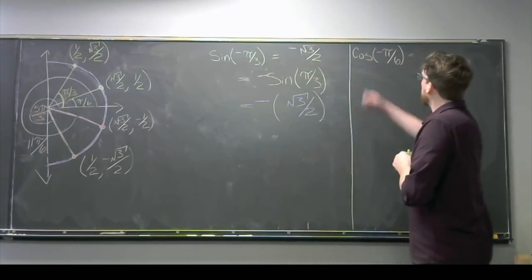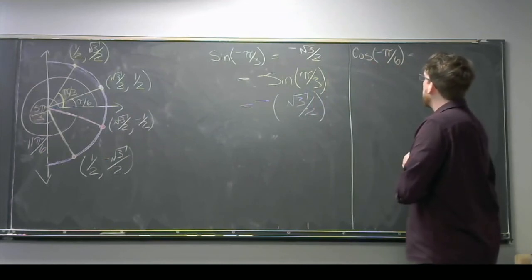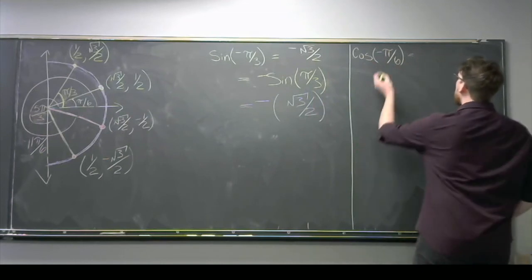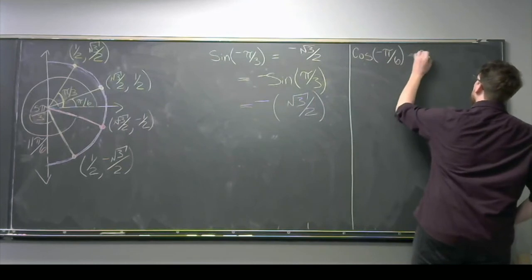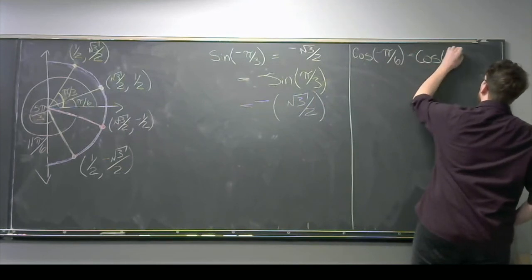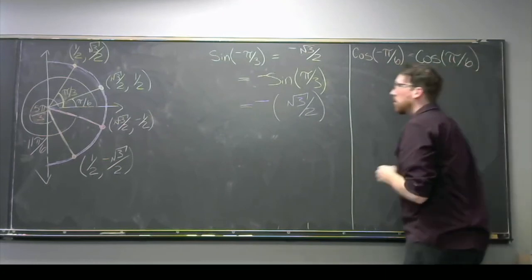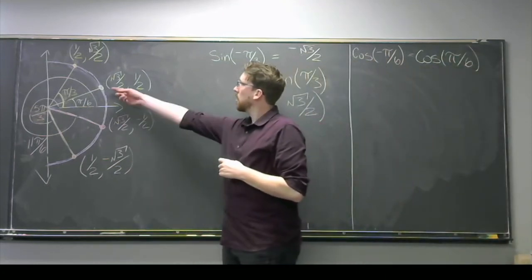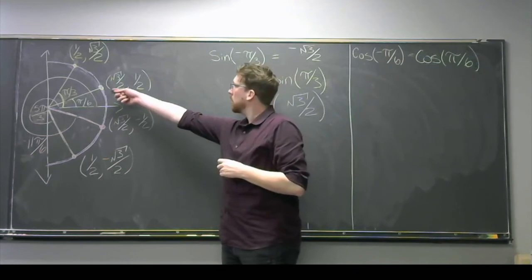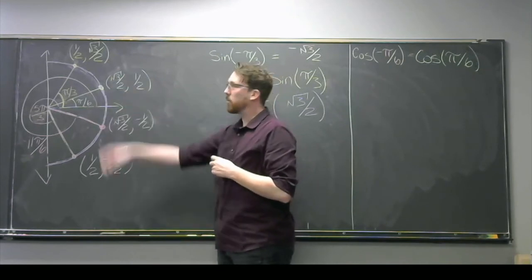So here, cosine of negative pi over 6 is going to be equal to cosine of pi over 6. Well, I'll be damned. That shows up here, doesn't it? Yeah, it's the square root of 3 over 2.